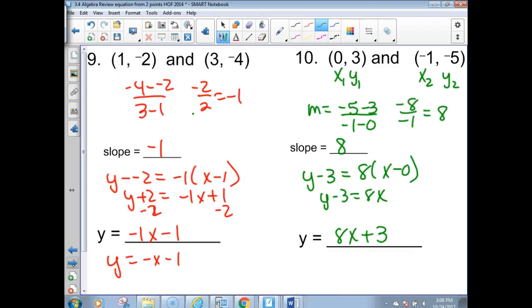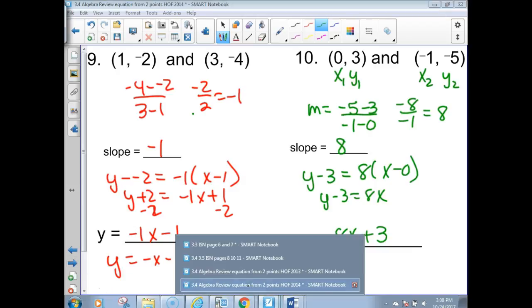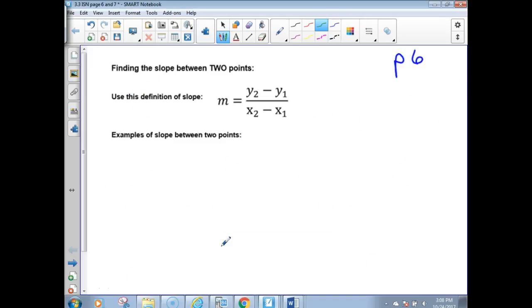All right. We left off in our ISN, actually on page 6, wasn't it? I think our page 5's all filled up. All right, good.